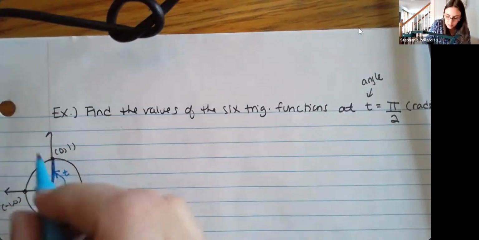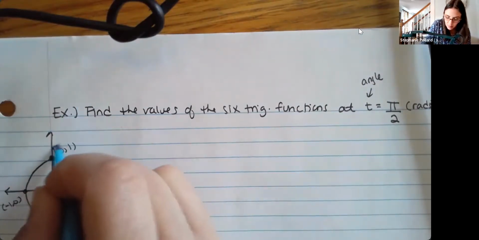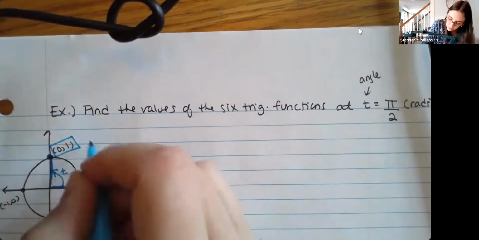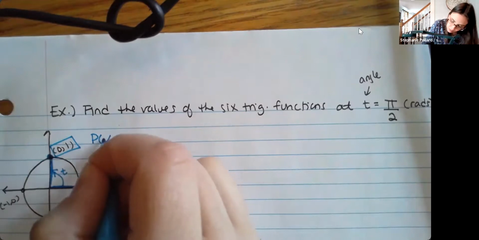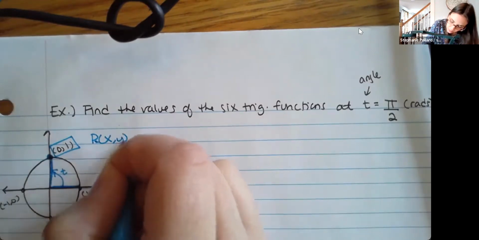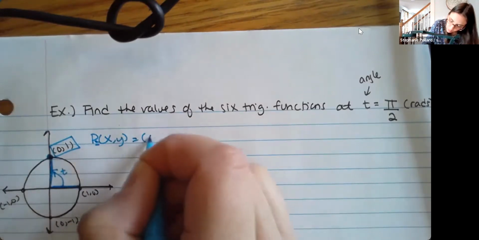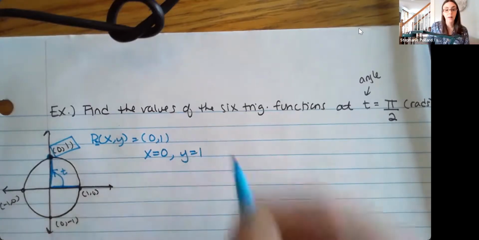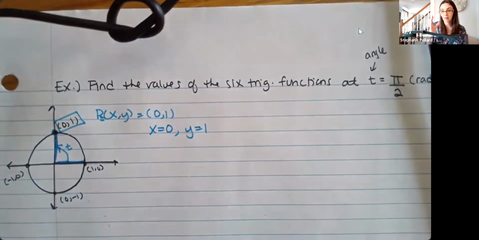So on our terminal side then, that is the point that we're looking for. It's always the terminal. So on the unit circle, our point, P equals (x, y), is (0, 1). So our x value is 0 and our y value is 1. So you may have to find the point sometimes yourself, but you should be able to do that by finding the angle. So you can use what we've already learned.